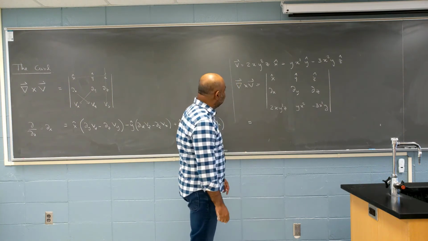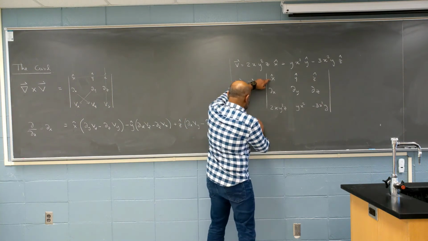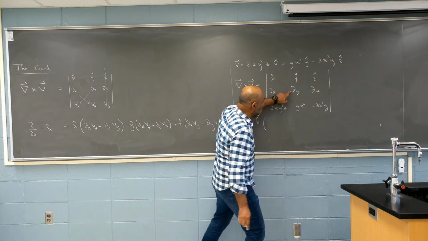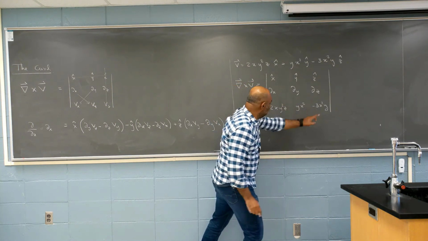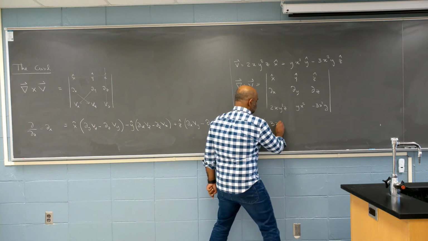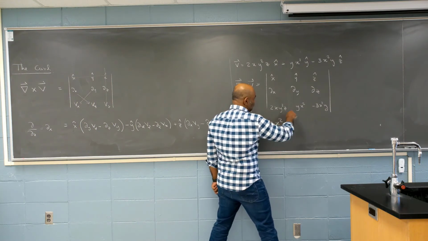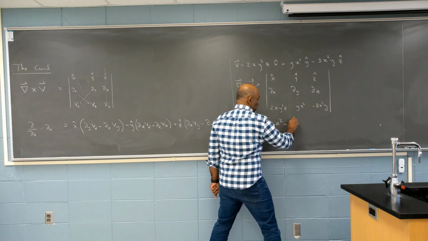Okay, let's do the curl. Okay, please make sure I'm right, huh? I'm taking the partial with respect to y of this guy, minus 3x squared. Then I get 0, yeah?